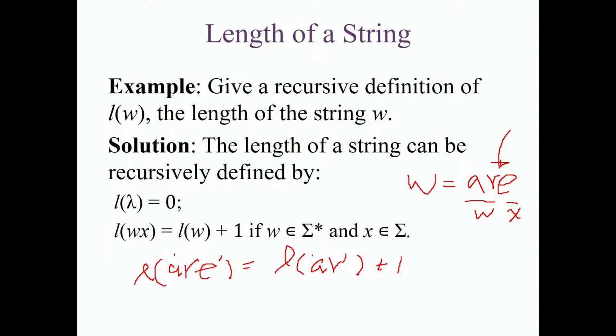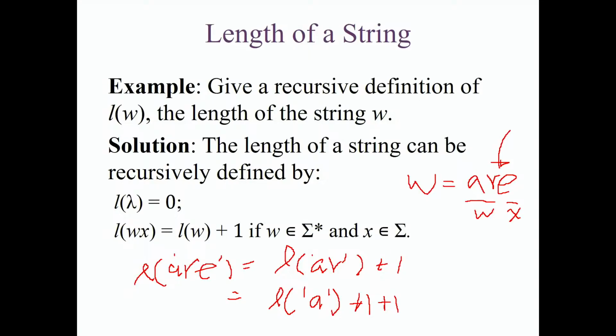Then we can further separate AR into w and x. So that will be the length of A plus 1, where this one means R, and the previous one, so that will be the length of A plus 2.